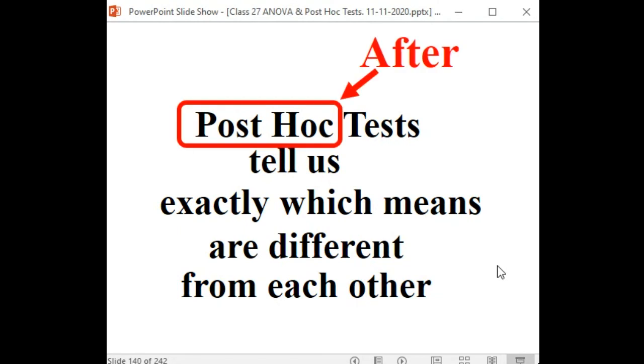The words post hoc are Latin. They mean "after." So post hoc tests are done after we have done an ANOVA and after we found that F is statistically significant. And the purpose is to find out which means are different from each other.